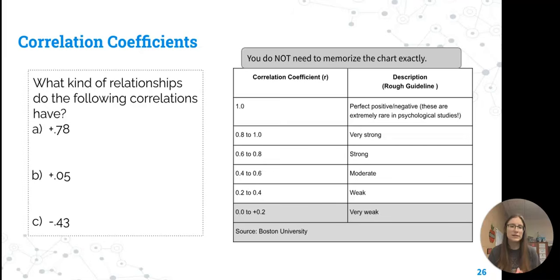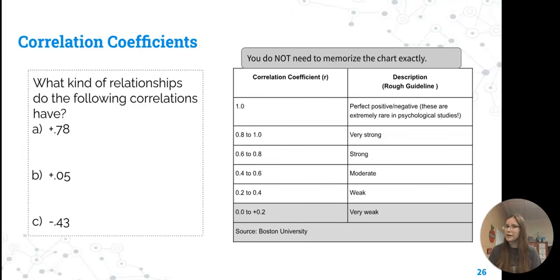All right, go ahead, pause it, and see if you can identify the direction and the strength. I've got a little chart here. You don't have to memorize it. Just knowing sort of how close things are to 0 and 1 will help. My biggest tip is covering up the number or the positive or negative sign to help you break down the two parts of this. So go ahead, pause, try it out.